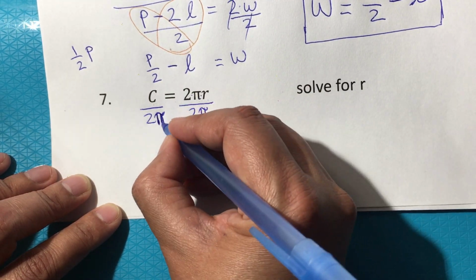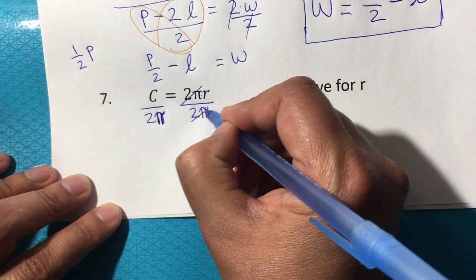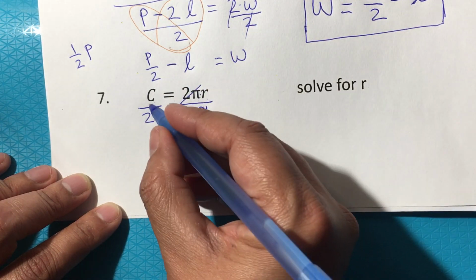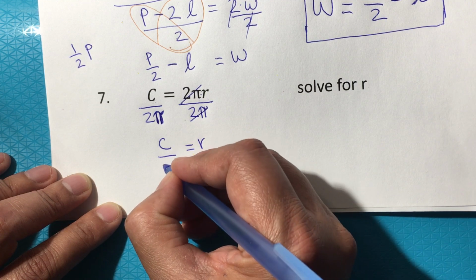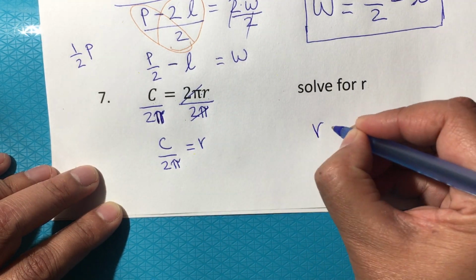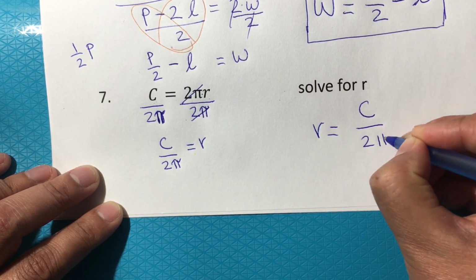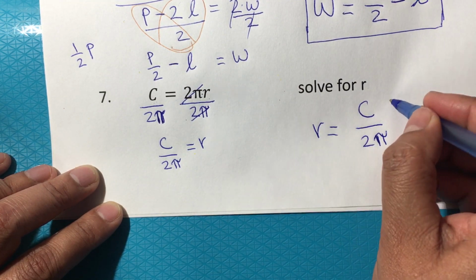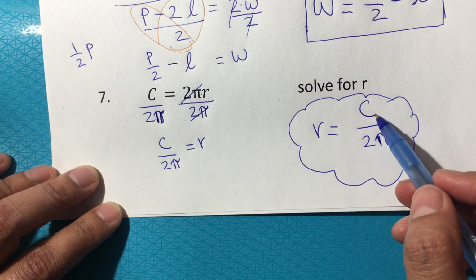And so if we're multiplying and dividing by 2 pi, then we can cancel the 2 pi and we're left with the radius. In here we cannot simplify anything, so it's just the circumference divided by 2 pi that will give us the radius. So radius is equal to the circumference divided by 2 pi, and that's how I could find the radius of a circle if I'm given the circumference.